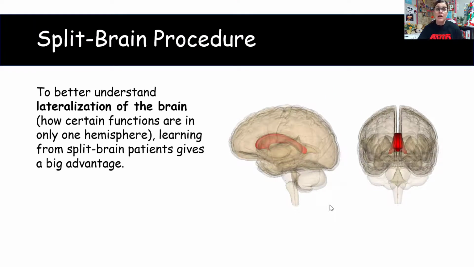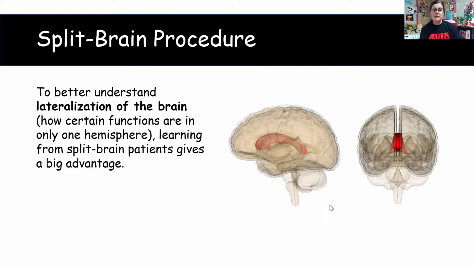When we think about a split brain procedure, we know that the cerebral cortex is divided into the left and the right hemisphere. What connects those two hemispheres, what brings them together, is the corpus callosum.